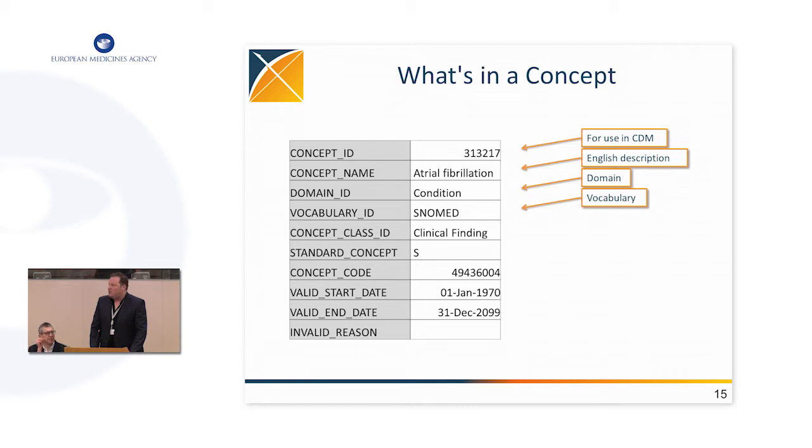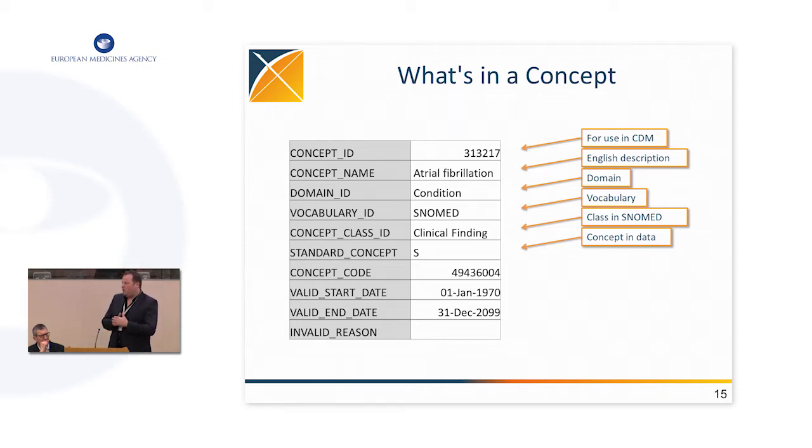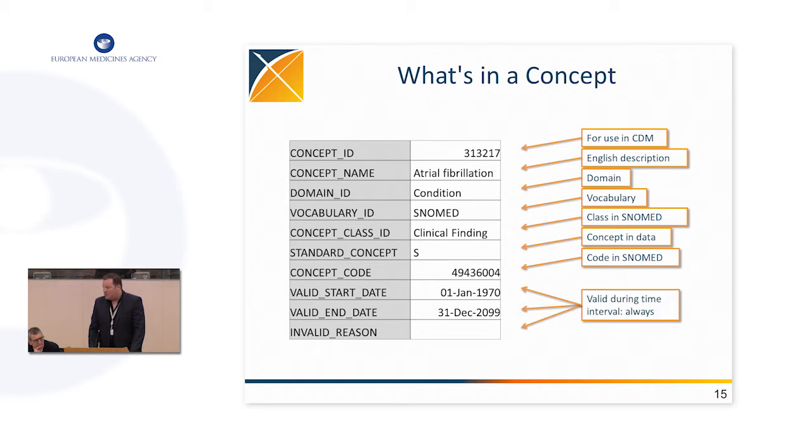And it's using the SNOMED standardized vocabularies for this domain. It's a clinical finding, and it's a standard concept, which means that this is a concept that we map to from our source vocabularies. It also contains the original SNOMED code and a valid start date and end date in which this concept was valid over time.